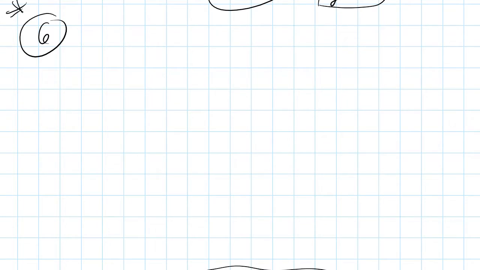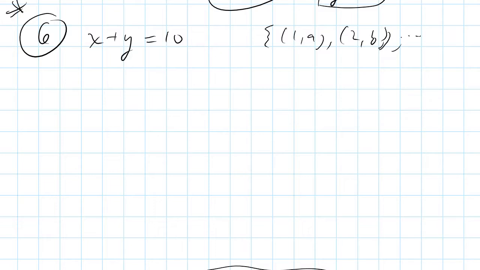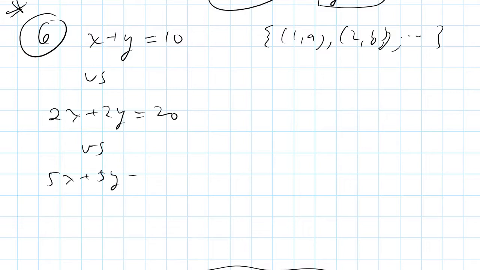Let's see. For lesson 6, I would want to first examine the solution set to a two-variable equation, 1, 9, 2, 8, and so on. And I would want to then compare it to what would happen if I multiplied both sides of the equation by 2 or both sides of the equation by 5.